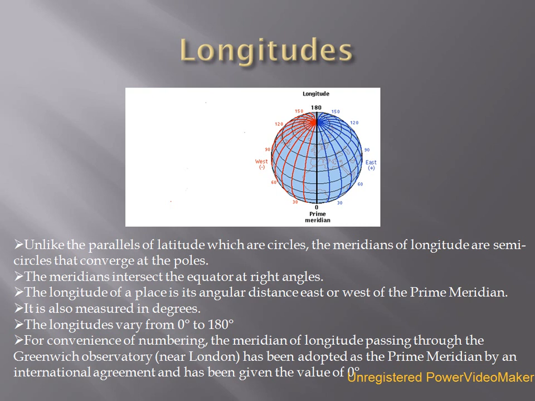Individually, all these lines are semicircles. Their distance is maximum at equator, and when they move towards the pole, the distance gradually starts decreasing. So these lines are called longitudes.